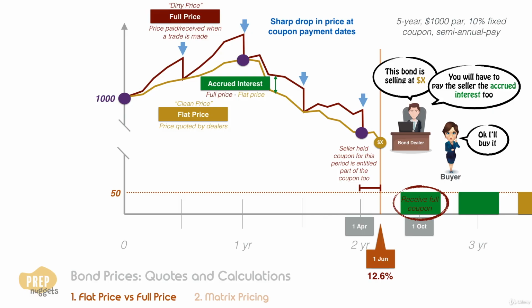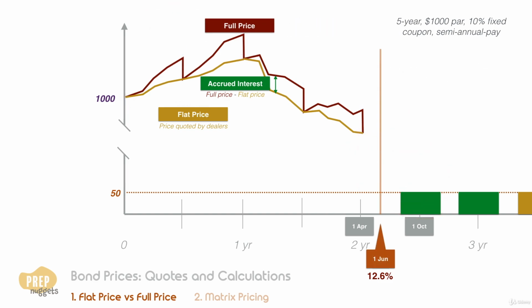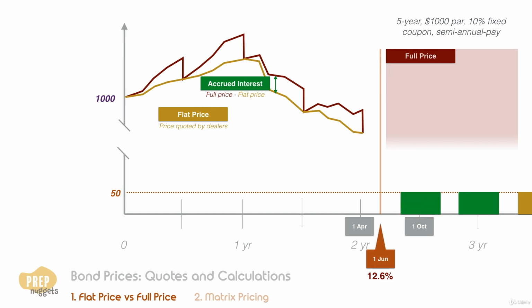Let's learn how to calculate the full price, flat price, and the accrued interest of this bond if it was traded on the 1st of June. To calculate the full price of a bond, we first base it on the value of the bond on the last coupon date. Let's work this out together. At the end of the second year, there are 3 more years to maturity, which is 6 half years.